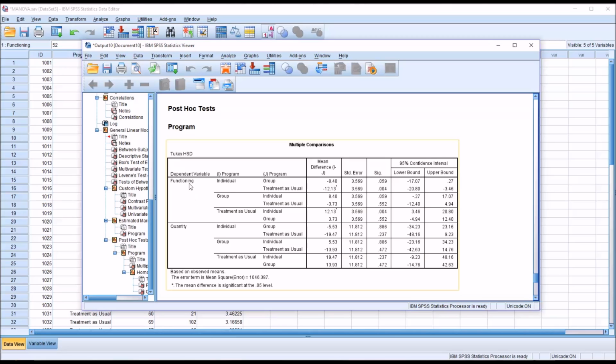Well, we have a statistically significant finding here with functioning just between individual and treatment as usual, but no other statistically significant findings. So it does appear that the individual therapy is more effective than treatment as usual, but only for one of the two dependent variables, only for functioning.